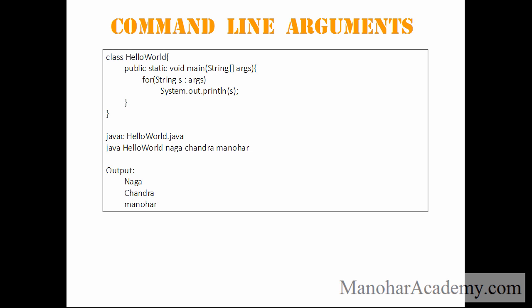So every main method gets an array of strings, and we can use those values as input to our program. Here I have created a simple hello world program, and I am printing whatever string elements are passed to the main method. Here I am compiling the program and passing 3 parameters, that is Naga, Chandra, Manohar, and we can clearly see the strings printed. When each element is printed, we can see all 3 values printed properly.